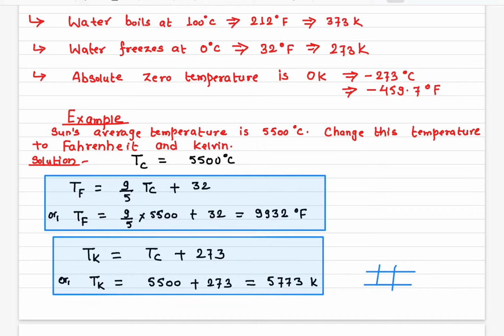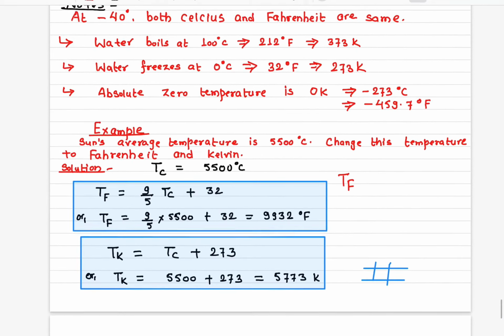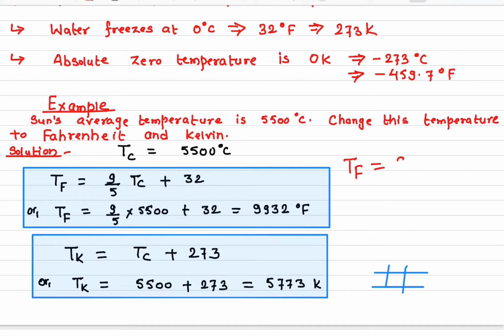One last thing I'd like to mention quickly, as I mentioned, is at what temperature Celsius and Fahrenheit are equal. If you plug in minus 40 for TC, 9/5 times minus 40 plus 32: 5 times minus 40 is minus 200, divided by 5 gives minus 8 times 9, which is minus 72, plus 32.